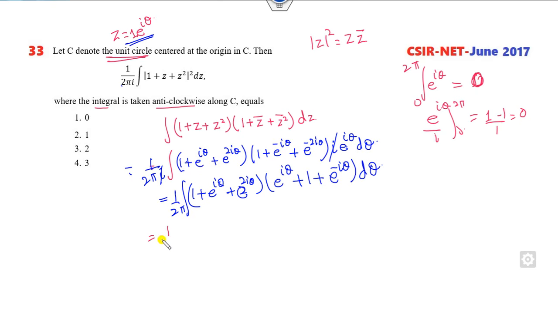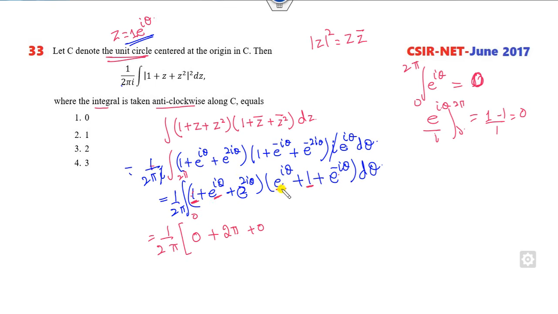So now you can see, if I integrate the first value and this one over 0 to 2 pi, the answer will be 0. If I integrate this, the answer will be 2 pi. If I integrate e raised to power minus iota, this is again 0.